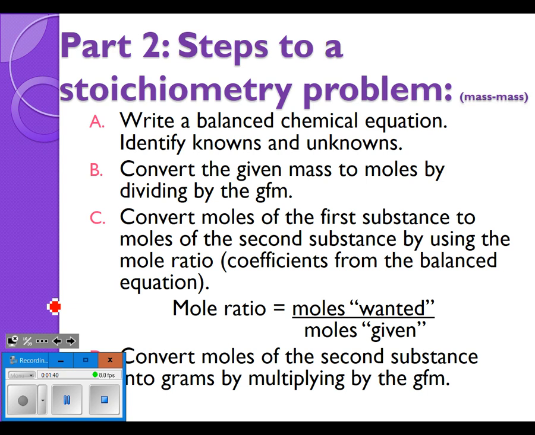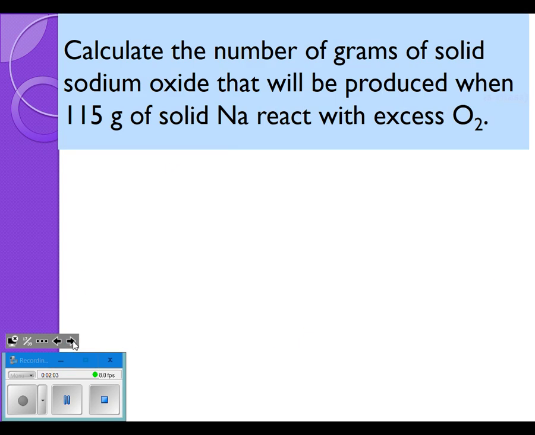So you'll put the coefficient of moles wanted over the coefficient of moles given, and you'll create that as your next ratio. And then finally, you'll convert the moles of the second substance, or your unknown substance, into grams by multiplying by its GFM. Okay?